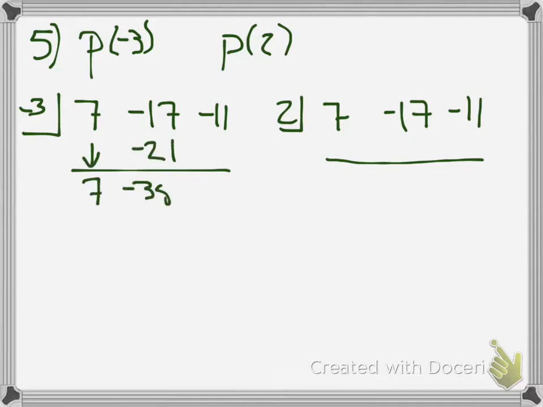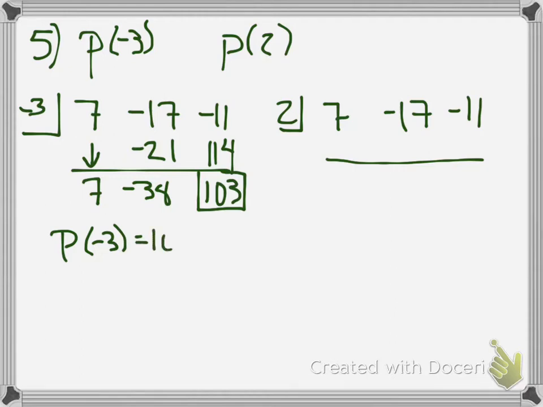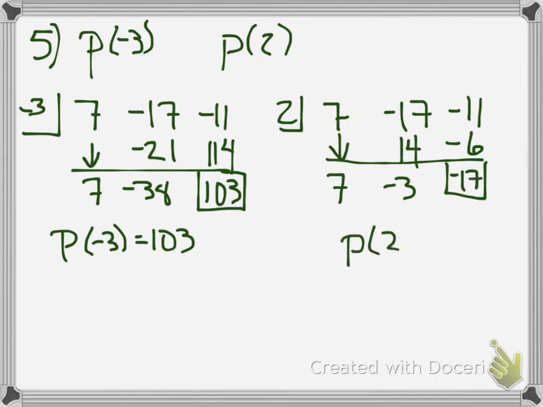Here I'm going through all the steps, multiplying, then adding or subtracting, and that number I get at the end in the box is my answer, because if I put negative 3 in place of the x, I would get an answer of 103. Same thing with the 2: bring down the 7, multiply, bring it down, combine, and again multiply and combine, so that for P of 2 it's negative 17. And that's really all there is to it.